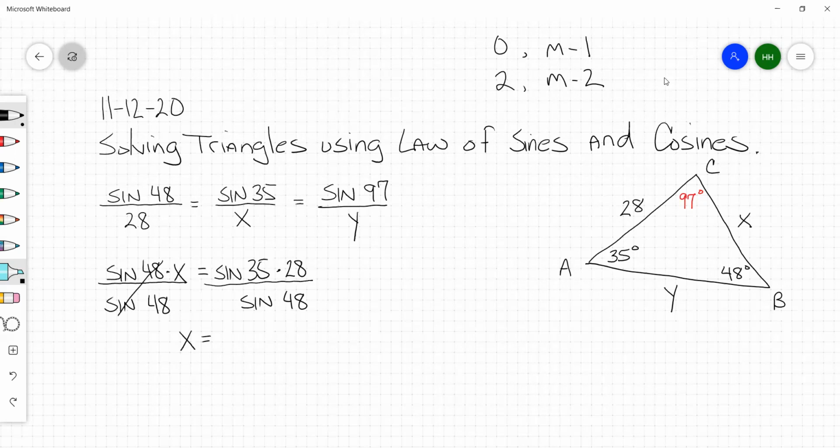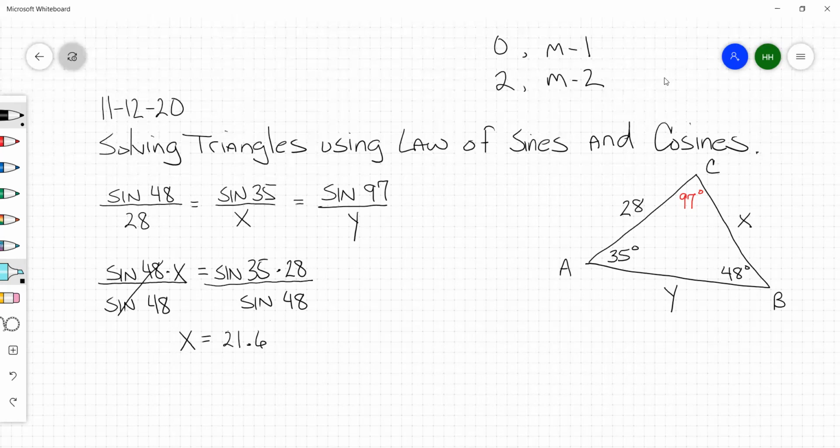So this can be a calculator problem now. 35 sine times 28. Make sure you push the equals button and then divide it by 48 sine. And I'm going to go second fix 1. So I got 21.6. So our x is equal to 21.6.